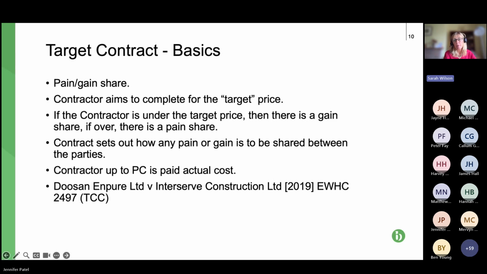They got part way through the contract on a pain gain Option C basis, and it very quickly became apparent that they were going to be in a pain situation at the end. But as I've said, the contract says you make your first assessment, your pain gain payment, whichever way the payment is going, at practical completion. Interserve seemed to be getting nervous about this, so they made an allocation prior to completion.